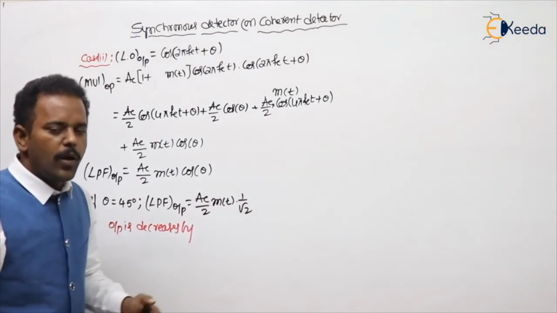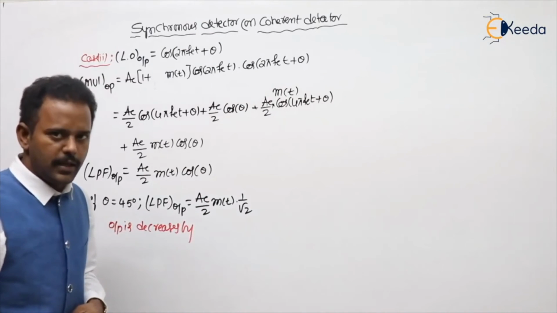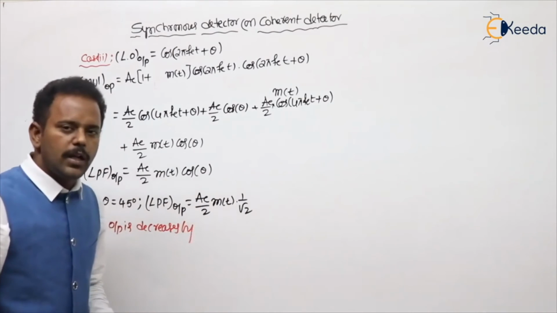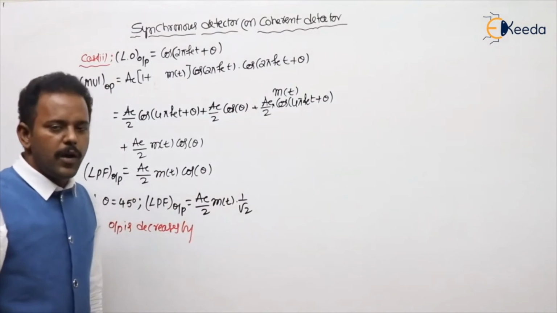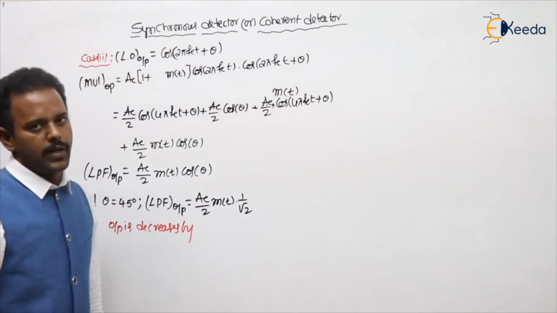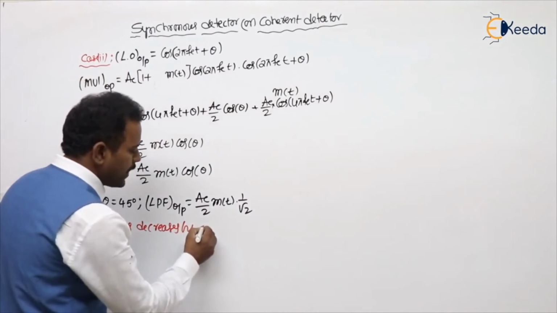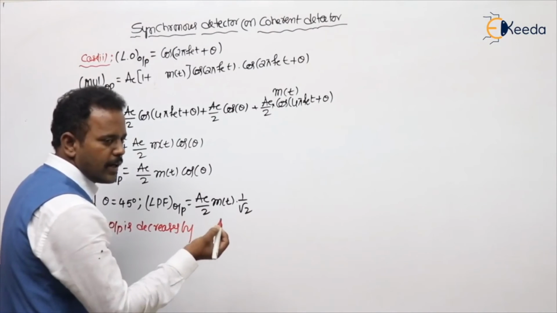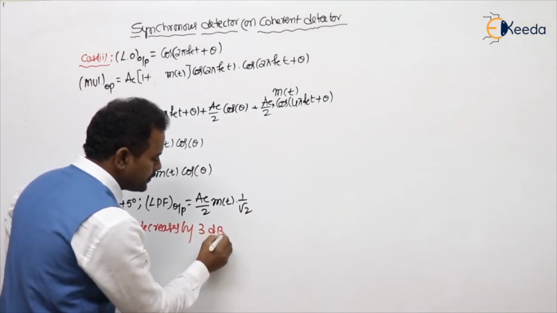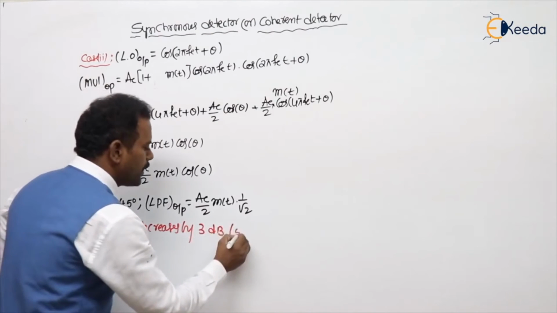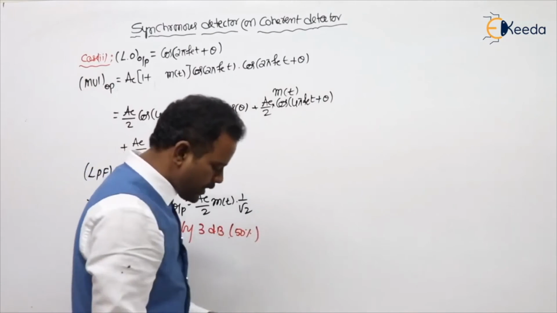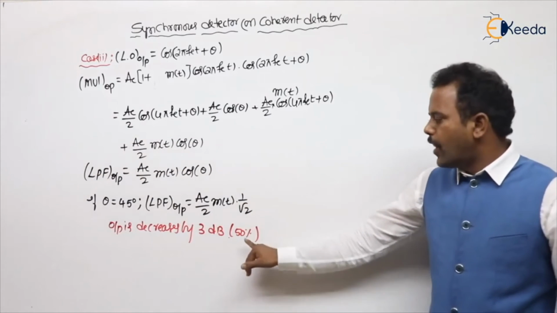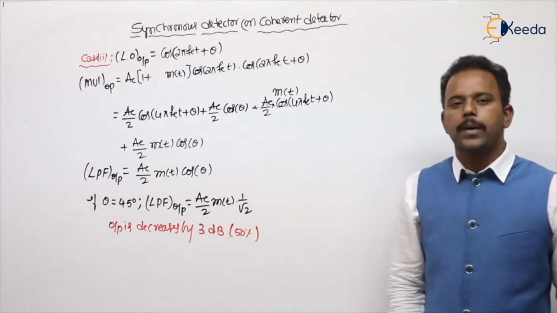In terms of power, 1 by root 2 whole squared is 1 by 2, 50%. Now write in terms of decibels. In terms of voltage, 20 log 1 by root 2. In terms of power, 10 log (1 by root 2) squared. Then the output decreases by how many dB? Getting my point? It will be 3 dB. 50% energy means 3 dB. You need to understand. So the point is: whenever you have a phase difference of 45 degrees, the output decreases by 50%.